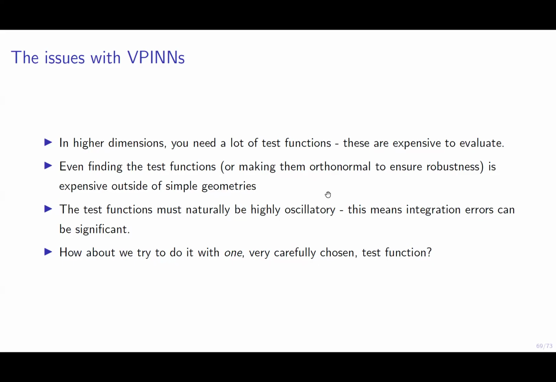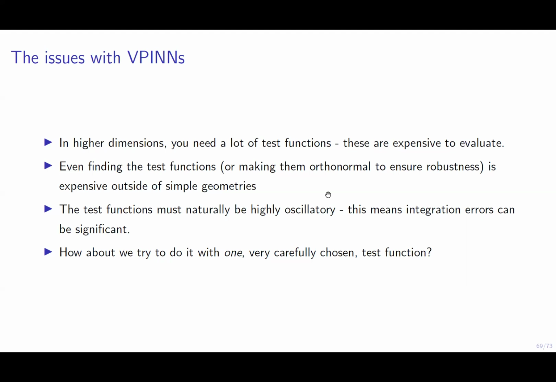So this becomes complicated in higher dimensions, and as well, the test functions must naturally be highly oscillatory. Again, the natural choice are eigenvectors of the Laplacian, but the higher the eigenvalue, the more oscillatory it is, and the more oscillatory my eigenvector is, the harder it is to integrate. And then we come back to this issue that it's really difficult to integrate neural networks.